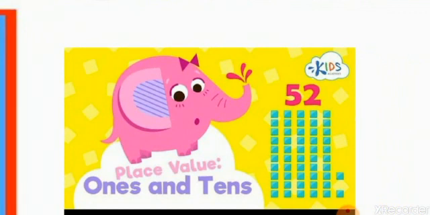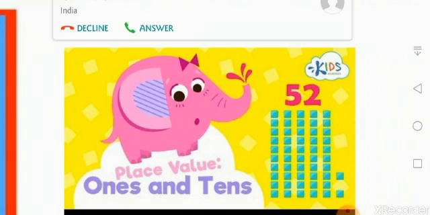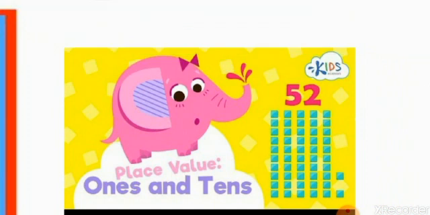I have 5 rows, 1 2 3 4 5, but I can't make one more line with 10 blocks because I don't have 10 individual blocks, only 2 blocks, so I can leave them separate. Okay, so now listen. 5 means 10, 20, 30, 40, 50. So 50 plus 2 we get 52. So I can easily read my number and I can easily identify my number.